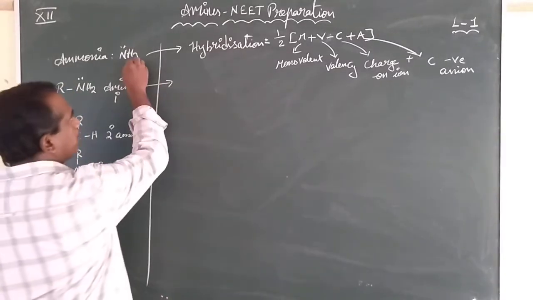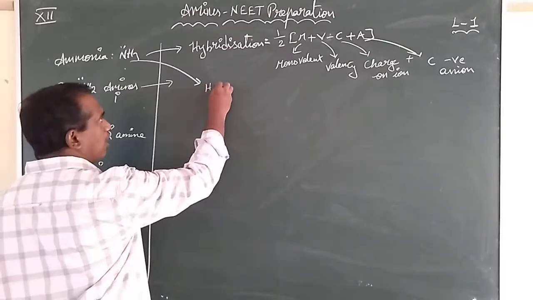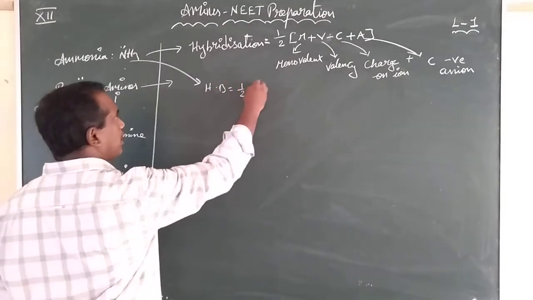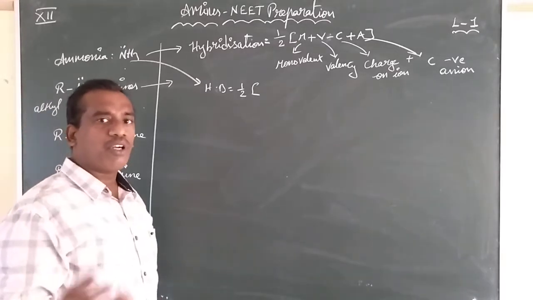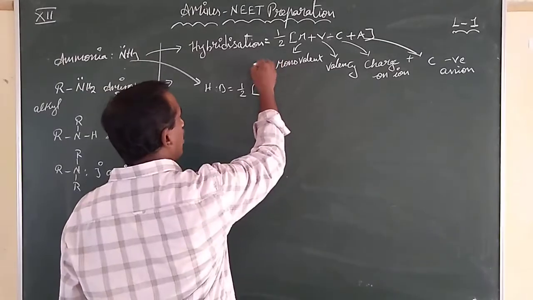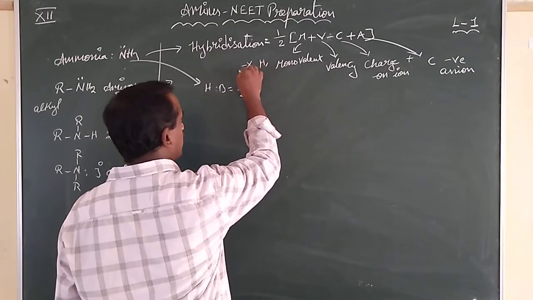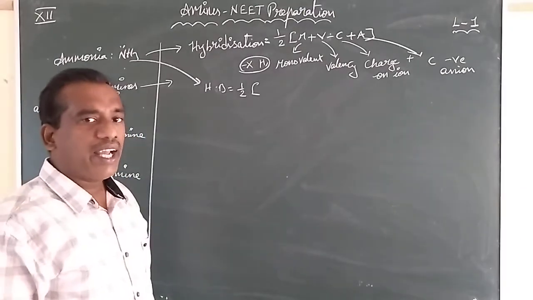So first of all, what is the hybridization of NH3? We can say how many monovalent atoms are there. What are monovalent atoms? Atoms which can form only one bond, like hydrogen, especially, or the halogens. These come under the head called monovalent atoms.